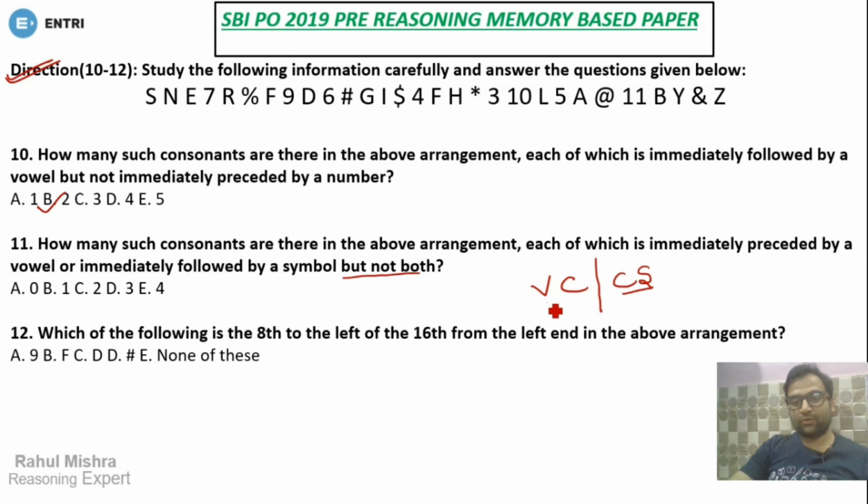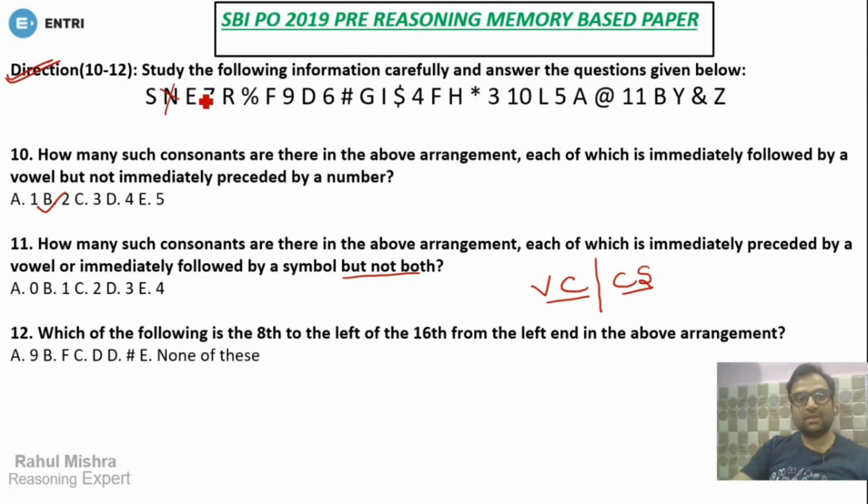We need to find either of these two conditions, but they must not exist together. So we can focus on consonants. N is a consonant. Just after the consonant, a symbol must be there. The symbol is not there. Just before the consonant, a vowel must be there. The vowel is not there. So this is not following the pattern.